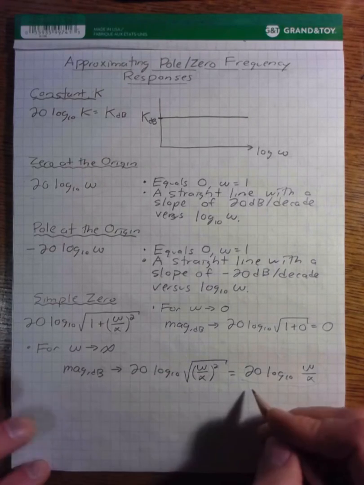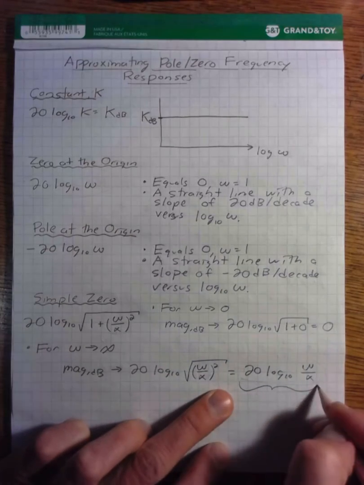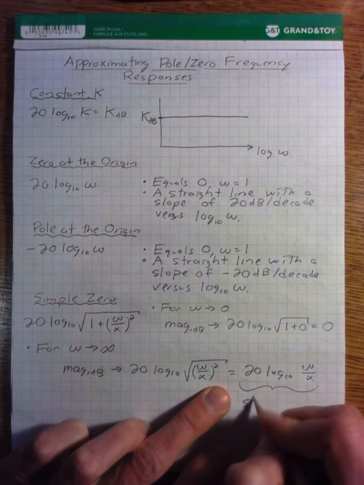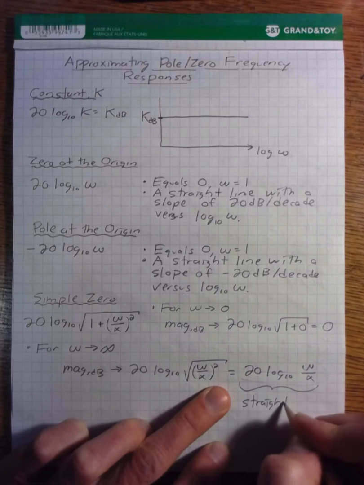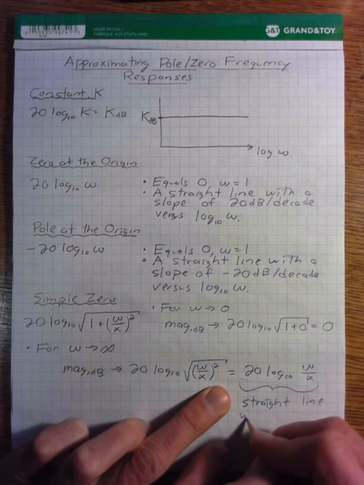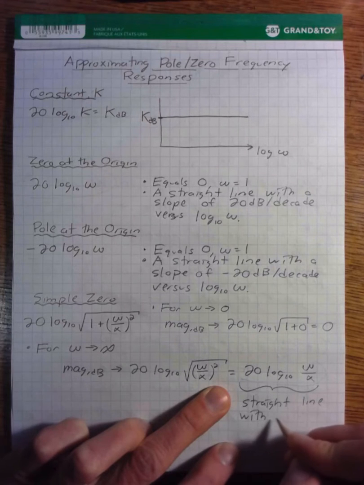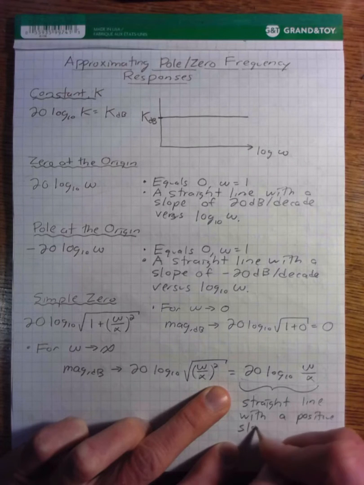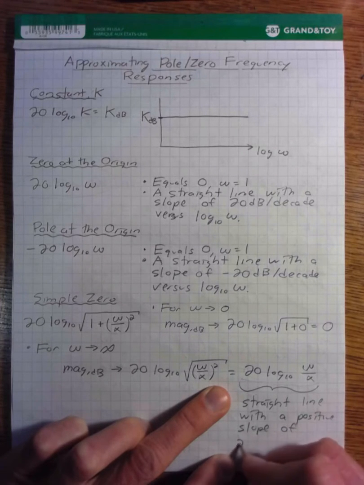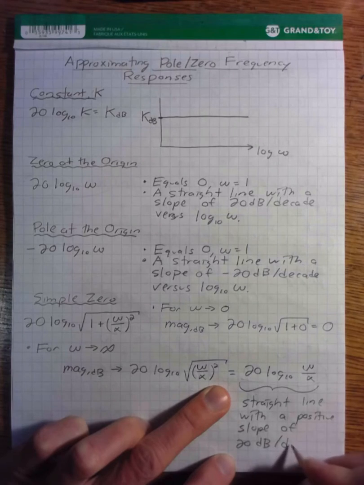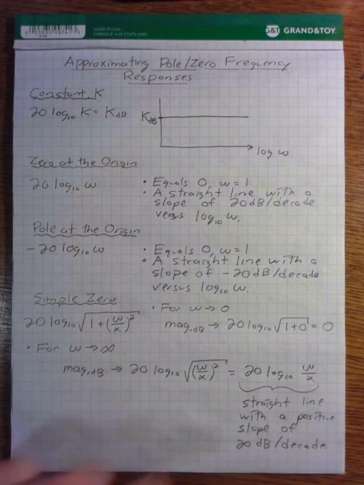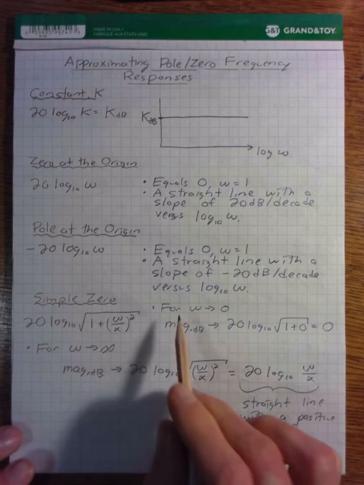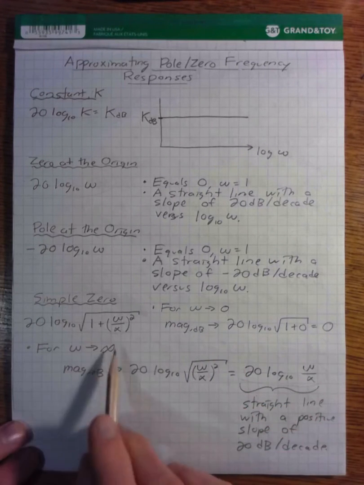And this is, just like up here for the 0 at the origin, a straight line with a positive slope of 20 dB per decade. Okay, so that's what happens in the low frequency range and in the high frequency range.